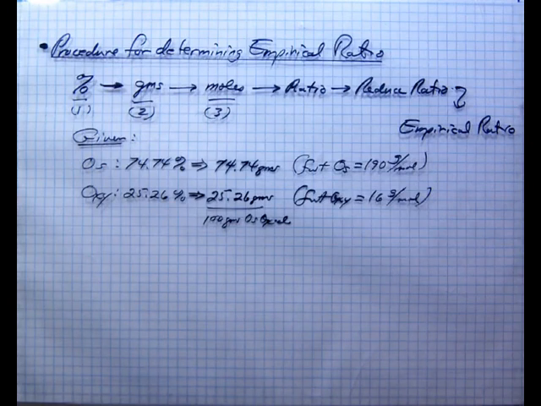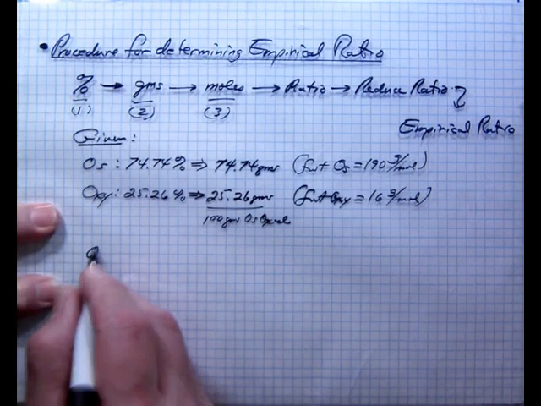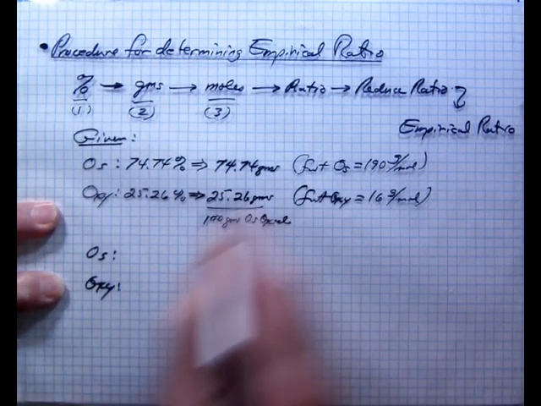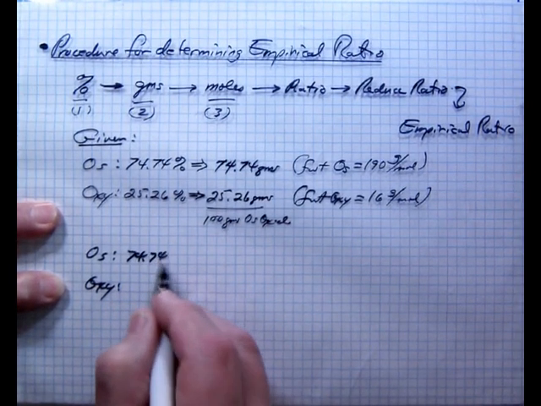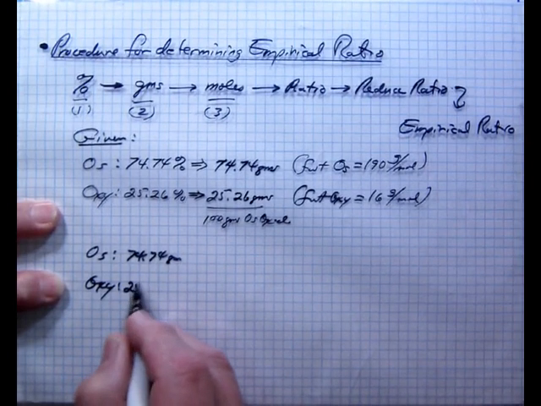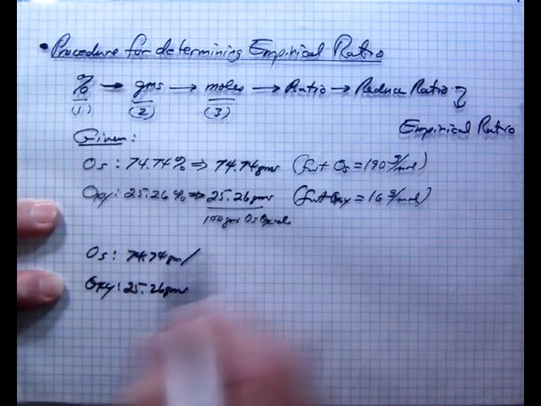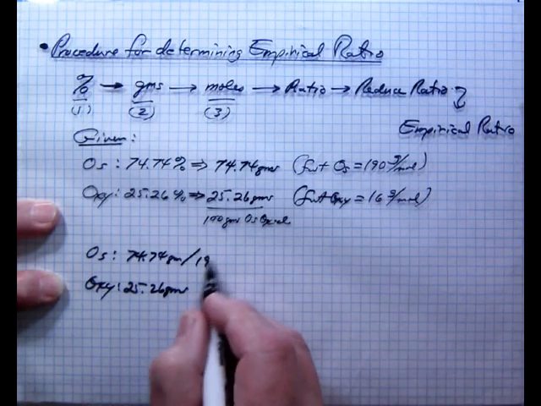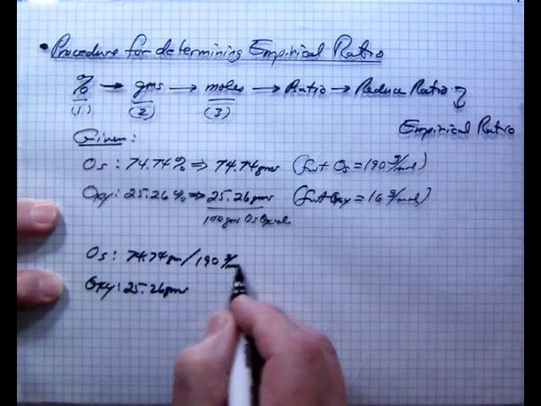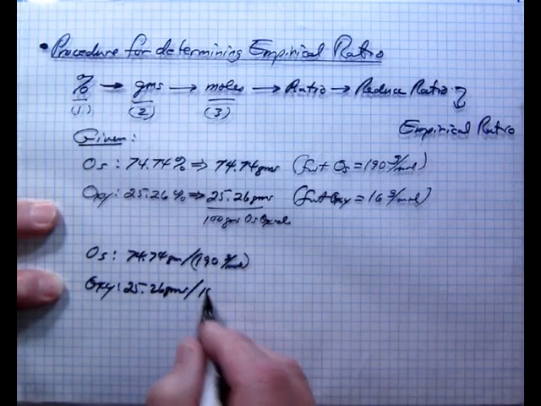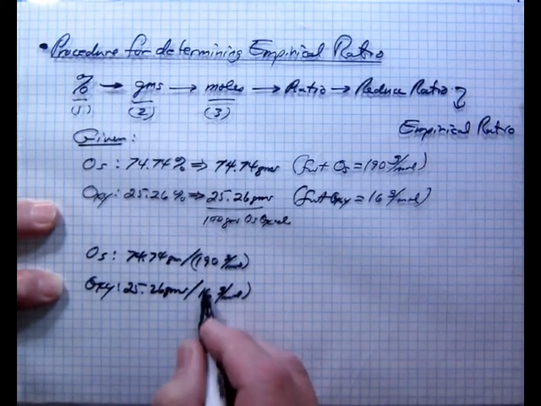Okay, so I'm going to come down here, osmium and oxygen, and I've got 74.74 grams and 25.26 grams, and I'm going to divide the osmium by the formula weight, 190 grams per mole, and I'm going to divide the oxygen by 16 grams per mole, right there.